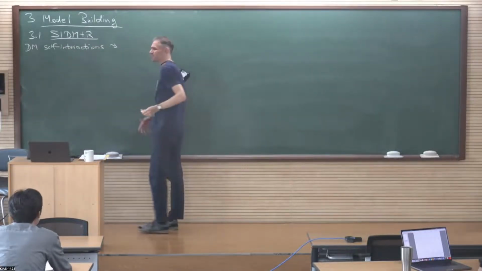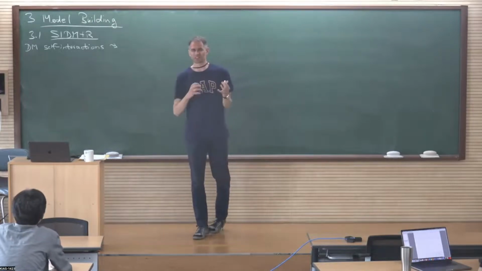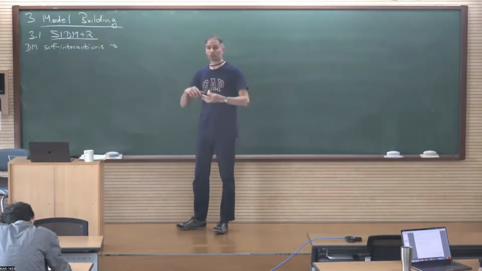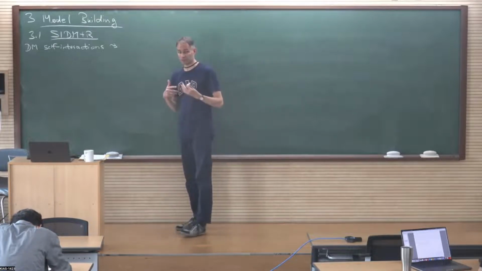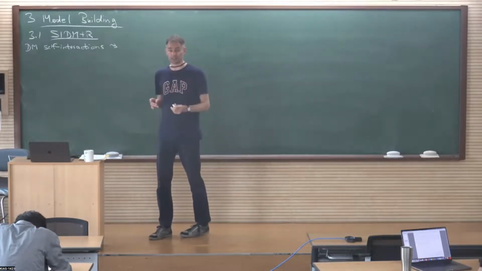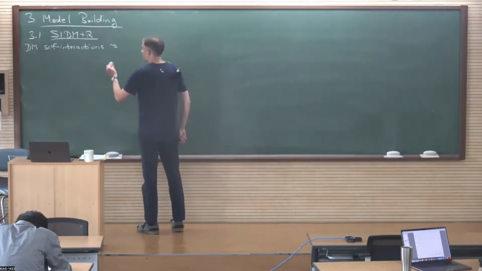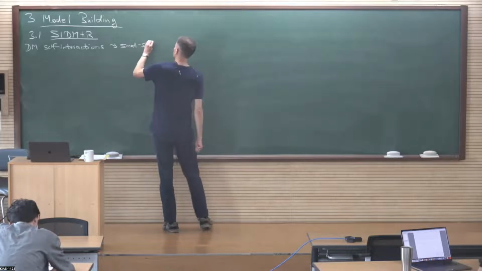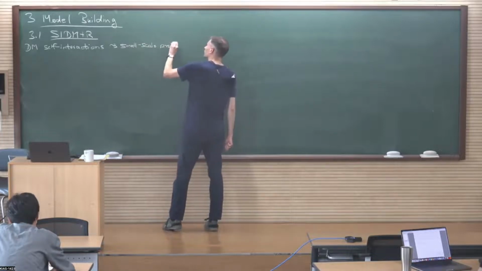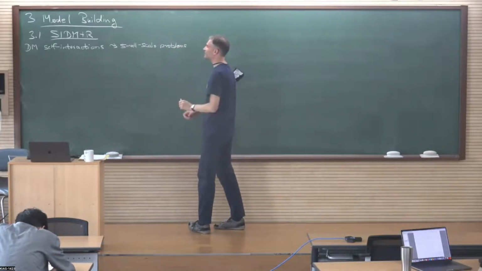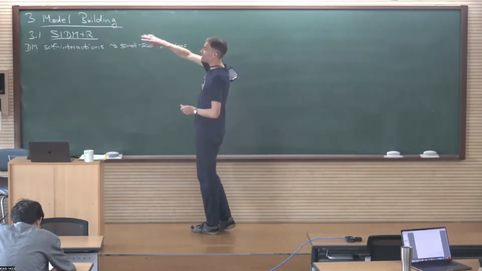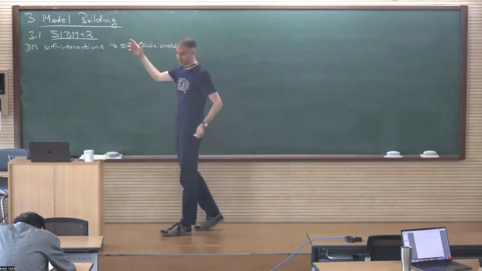That can address some small problems of lambda CDM that I didn't mention yet, those related to the formation of small scale structures, dwarf galaxies essentially. At least some of those small scale problems can be addressed by making dark matter self-interact.